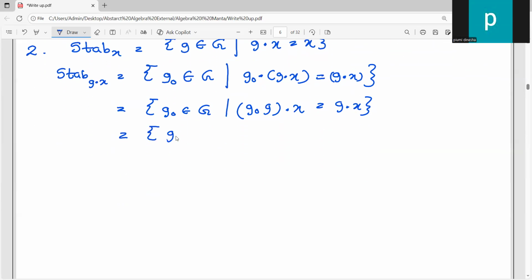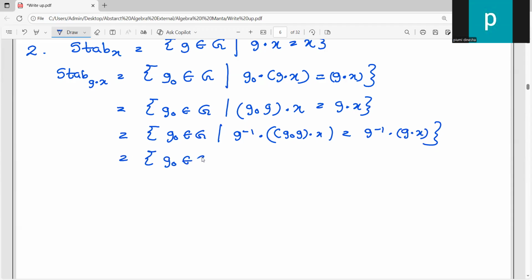This contains all elements g naught in G such that, by taking g inverse on both sides, we see that g inverse dot g naught g dot x equals g inverse dot g dot x. And this further simplifies to g inverse g naught g dot x equals g inverse g, which is the identity, dot x, which is simply x. So we will write x.